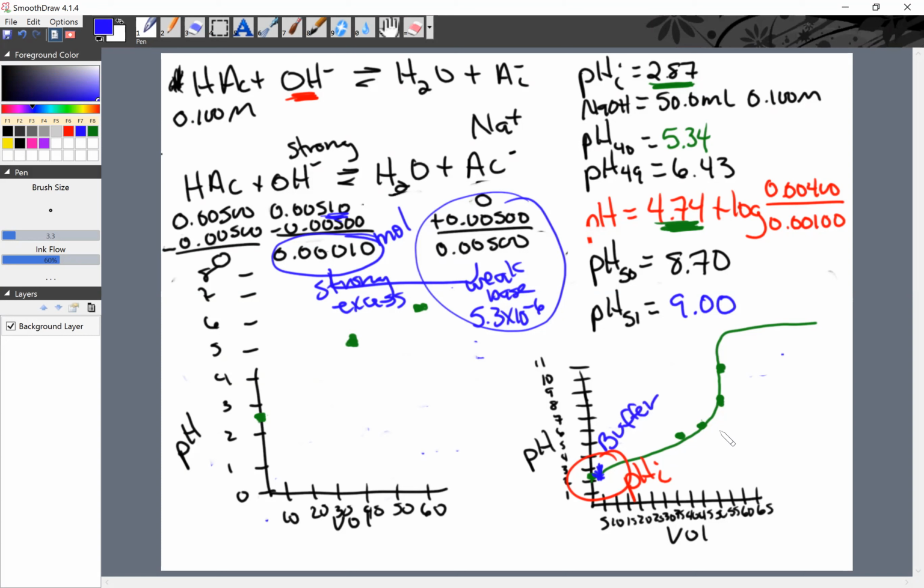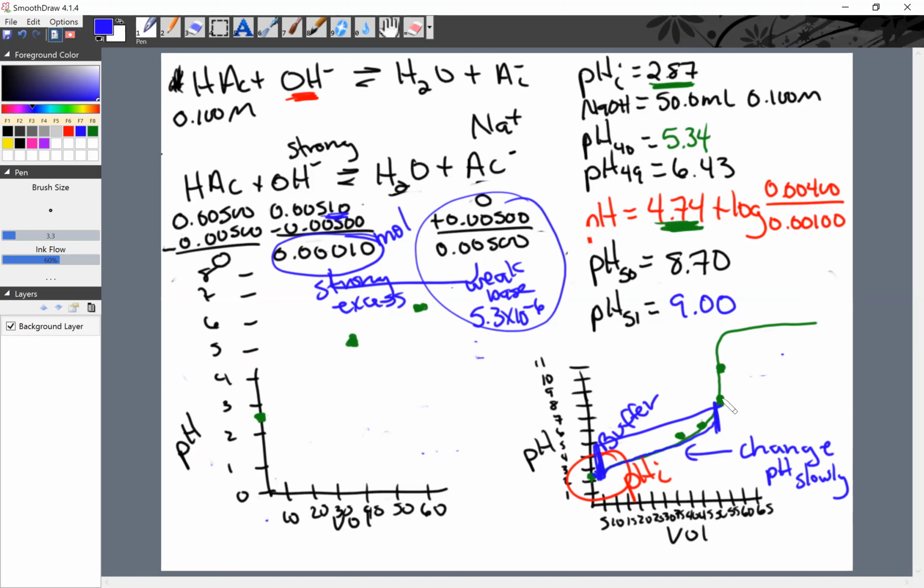So from here to here, I am buffered and I can use the Henderson-Hasselbalch. So it shouldn't change really drastically. The buffer should change the pH slowly. There's not enough points on this graph to really look at that, but it's not increasing too fast.